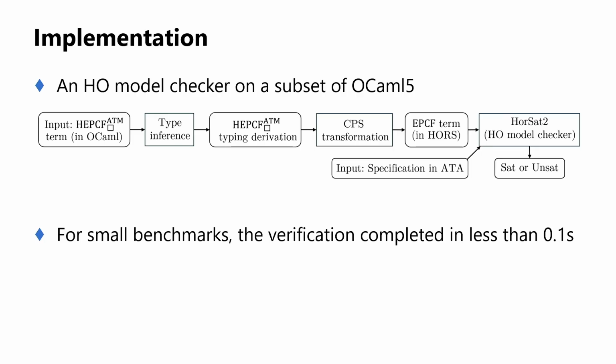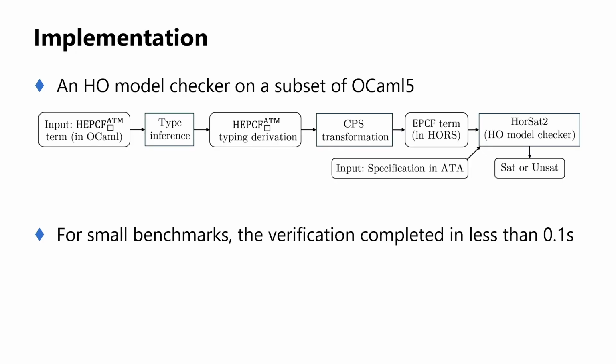Okay, so lastly I want to mention the implementation work. Our implementation takes the HEPCF program without annotation. First the implementation does type inference, and then the CPS transformation to an EPCF term.